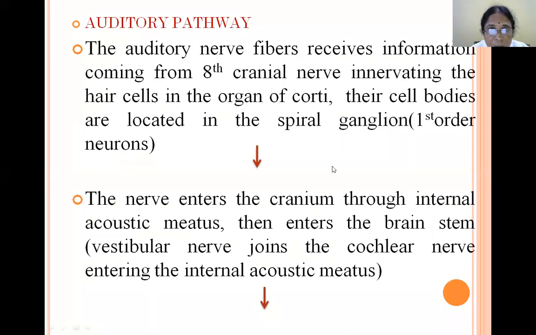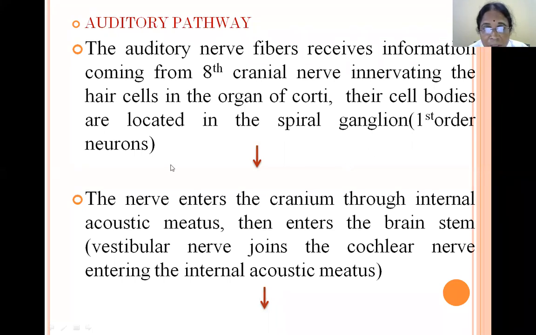Now let's see the auditory pathway. The auditory nerve. The information is coming from the hair cells and is going to the cochlear division of the eighth cranial nerve, which innervates the hair cells in the organ of Corti.